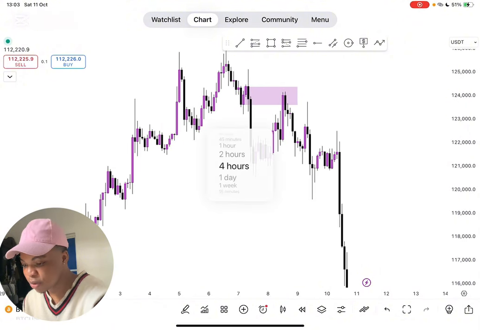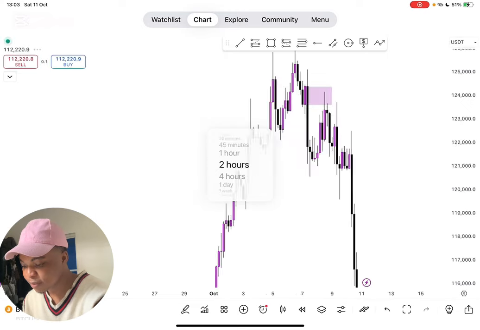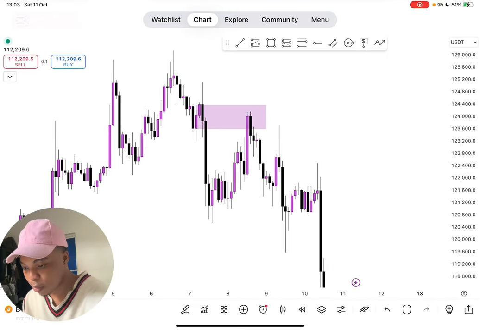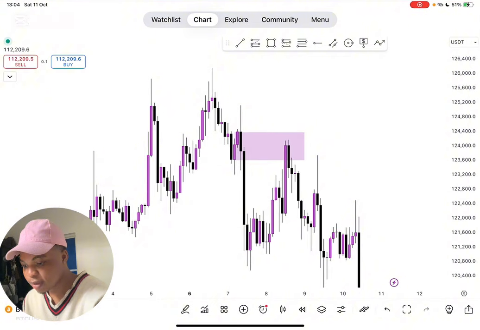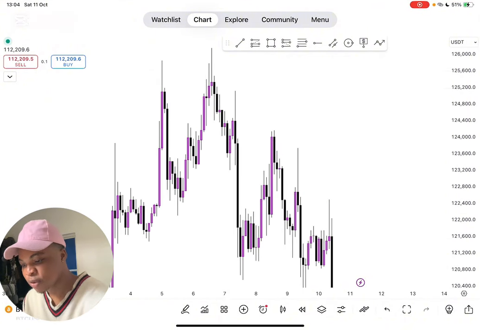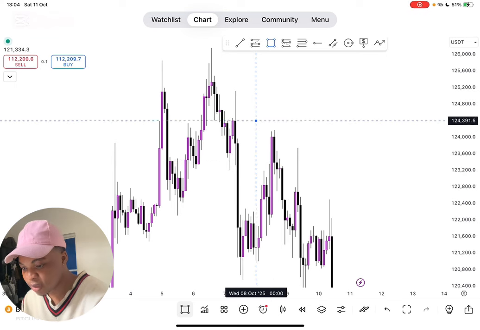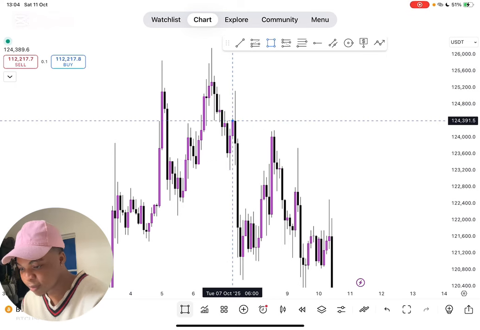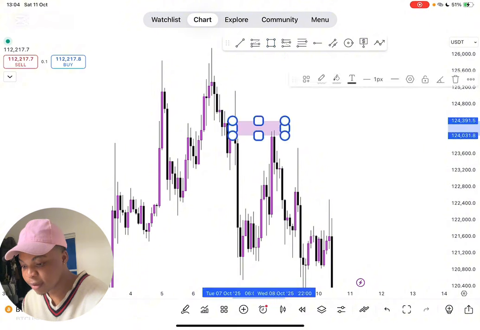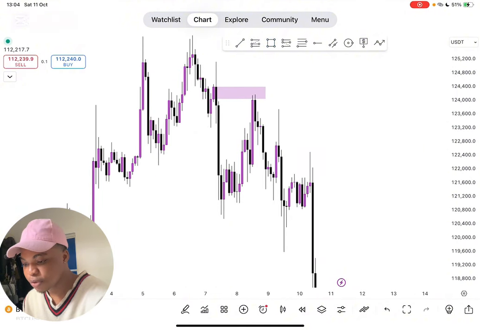Where would that be? It would be on the 2 hours time frame. As you can see, the market respected this 2 hours order block, this last purple candlestick here. Market came and tapped right into it, a sniper entry, and pushed down.